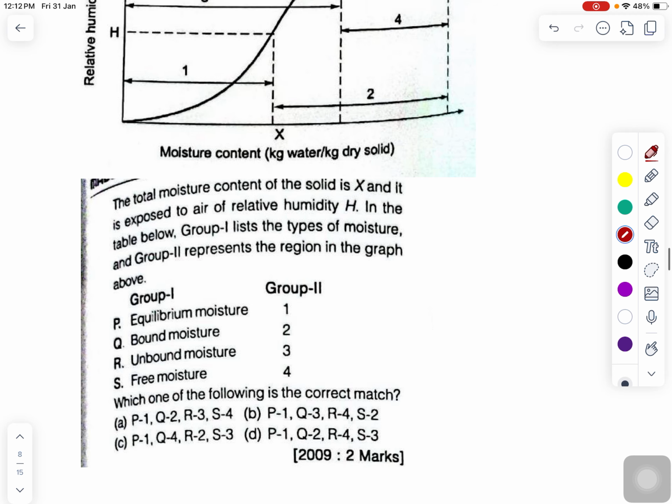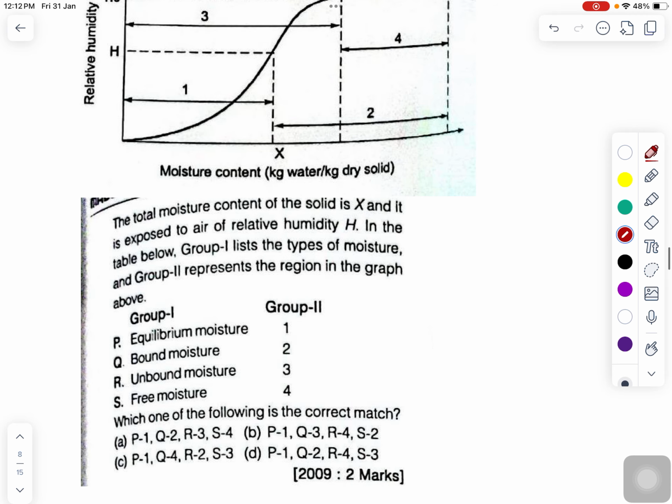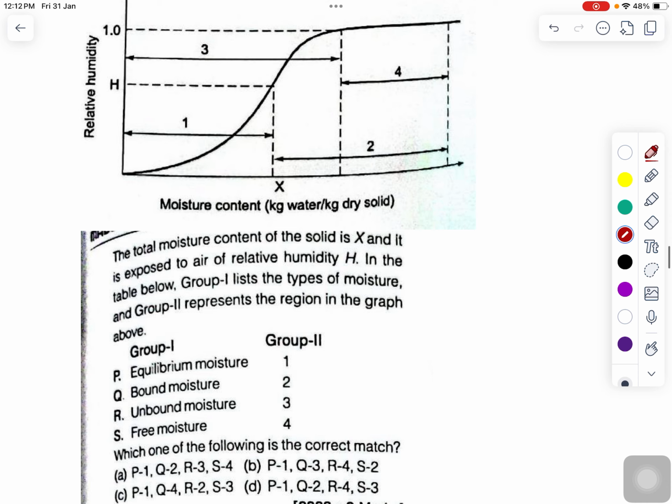When we talk about this curve, you can see the equilibrium moisture content, from here to here, works as the equilibrium moisture content, that is x star. So for P this will be 1, and for bound moisture content, this will be 3.